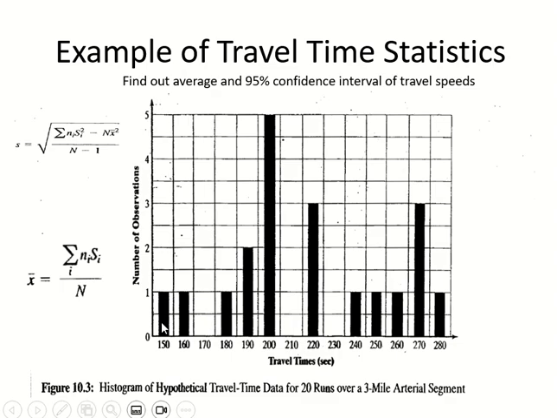So for this bar, small n is 1 and s is 150. For this one it is 1 and 160, then 0 and 170, 0 and 180, then this one is 2 and 190, and so on. You will do the summation of y into x for all these bars, and then you divide by 20, which is the total of n.